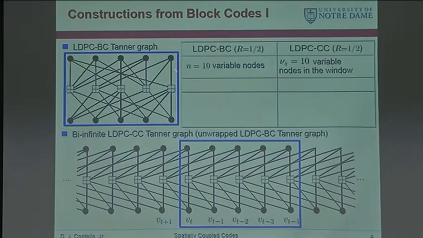So if you have 10 variable nodes in your original block code, you're going to get 10 variable nodes in a constraint length here, which I've drawn a little box around, of the convolutional code. And that basically means that nodes here can talk to another node within a constraint length within one iteration.